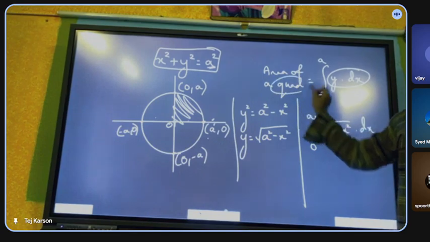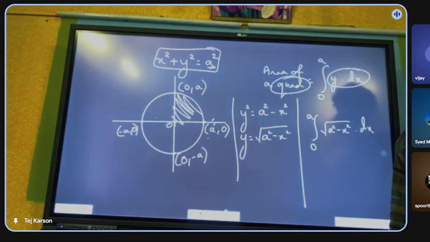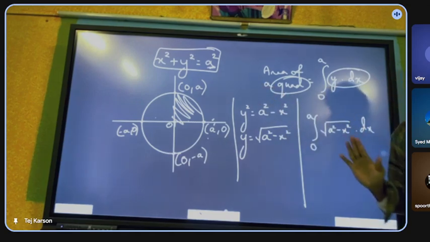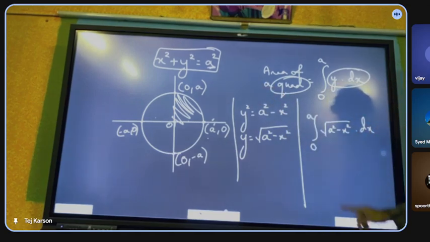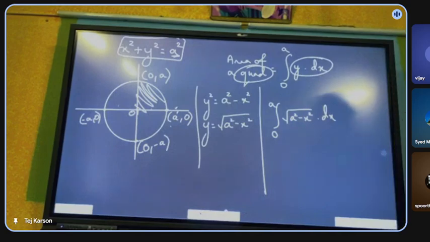What am I trying to find? Coordinate. Whatever answer you guys get at the end, you should not stop there. You should multiply it with what number? 4. Because why 4? Because one circle has how many quadrants? 4 quadrants. That's all. Any doubt there? No? But remember, why we are using both the letters here. One is y, one is dx.